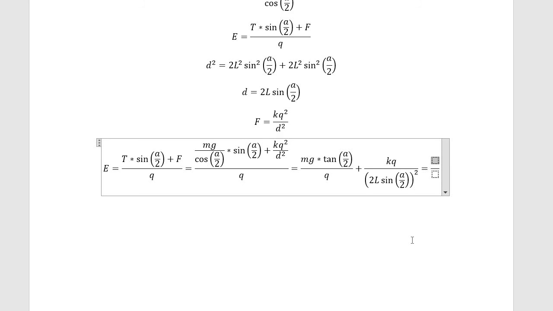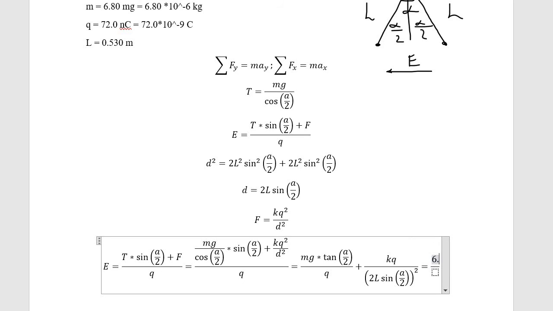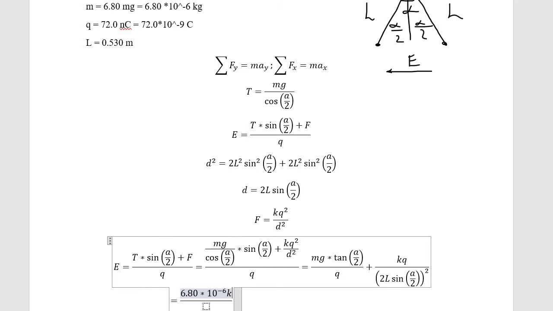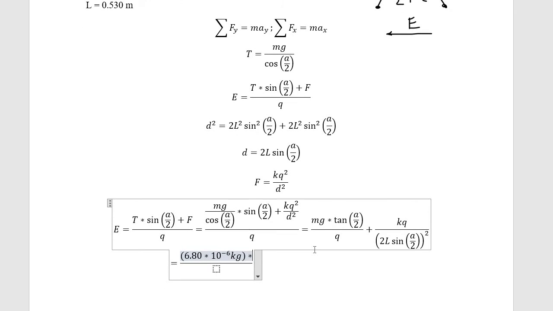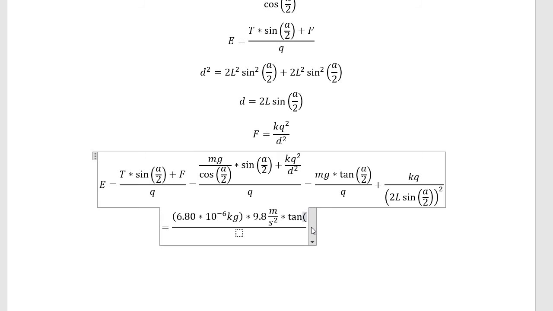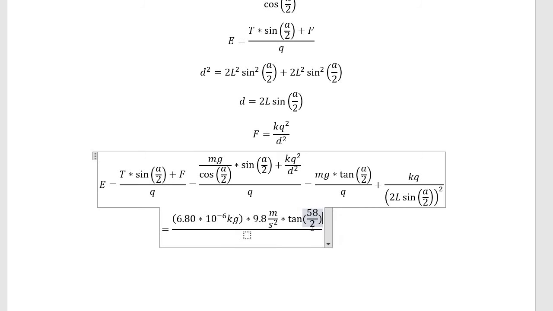So the mass is 6.80 multiplied by 10 to the negative 6 kilograms, multiplied by g, which is 9.8 meters per second squared, and multiplied by tangent of alpha, which is 58 degrees over 2.